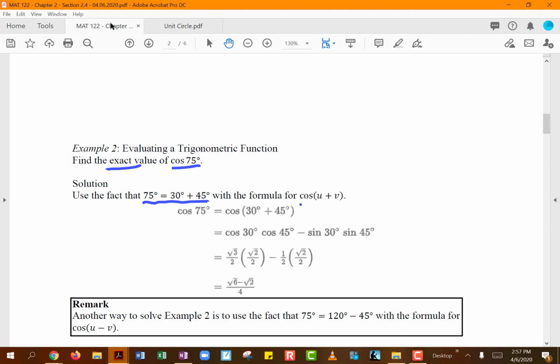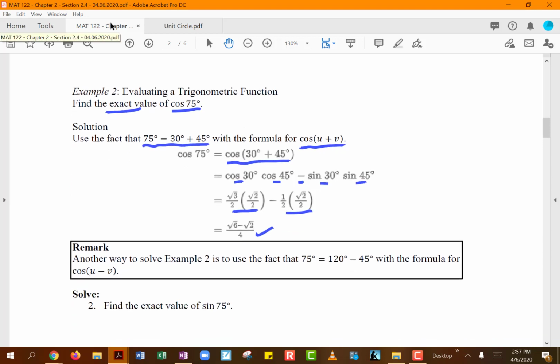So using the cosine of u plus v formula, we'll rewrite 75 as 30 plus 45, and then that will give us cosine of 30 times cosine of 45 minus sine of 30 sine of 45, and then using the unit circle, we come up with these numbers, and these again add up to give you square root of 6 minus square root of 2, and the whole thing divided by 4.